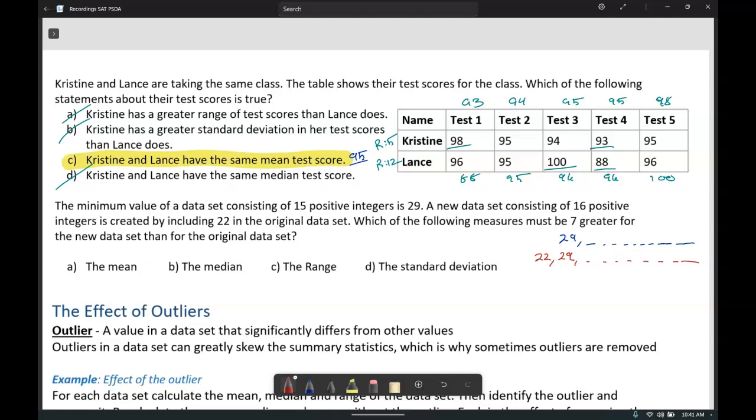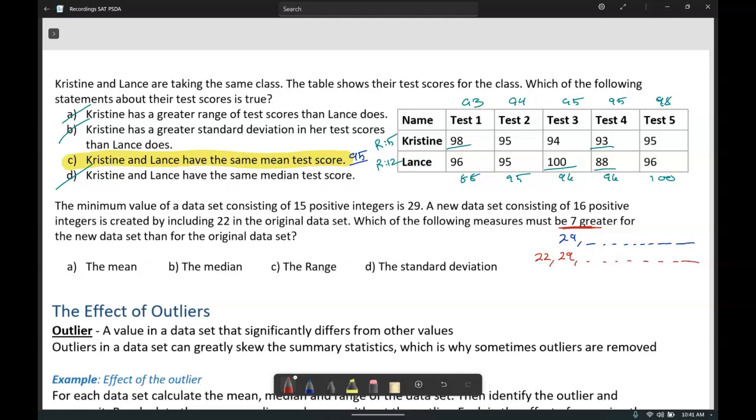Which of the following measures must be 7 greater for the new data set than the original data set? So we have to think about the mean, the median, the range, the standard deviation. Which one is going to be larger by a value of 7 by including this lower number?